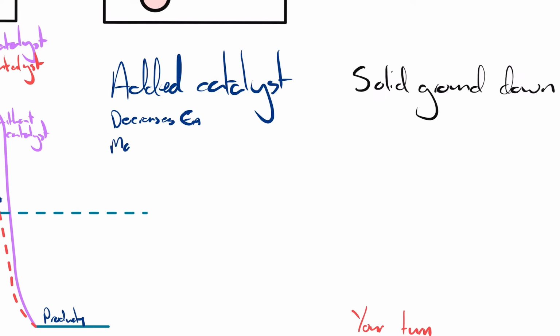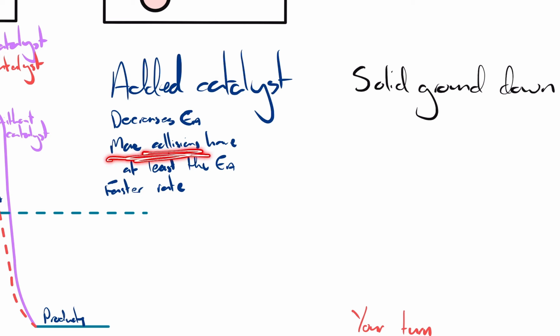Therefore, more collisions have at least the activation energy. Therefore, faster rates. Important to note, we haven't got more collisions. We've got the same number of collisions, but more of these have at least the activation energy, right?